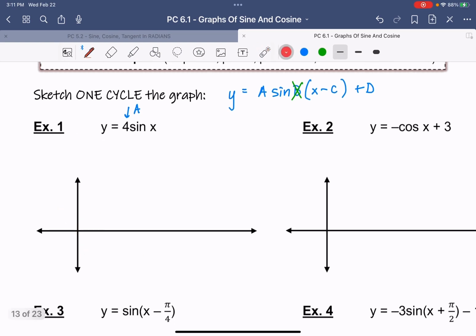Some people like to sketch the parent graph first, completing one cycle in 2 pi. Max is 1, min is negative 1. You don't have to graph that, but just to visualize it our first time. Now it just says that now my amplitude is going to be going up to 4. And let me move that up a bit. And down to negative 4.